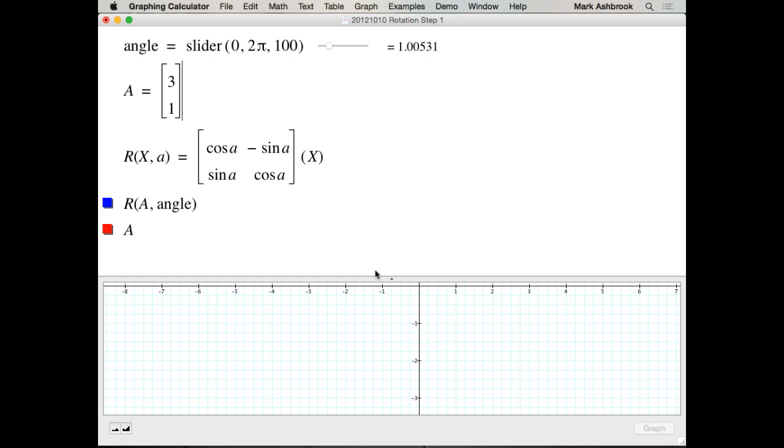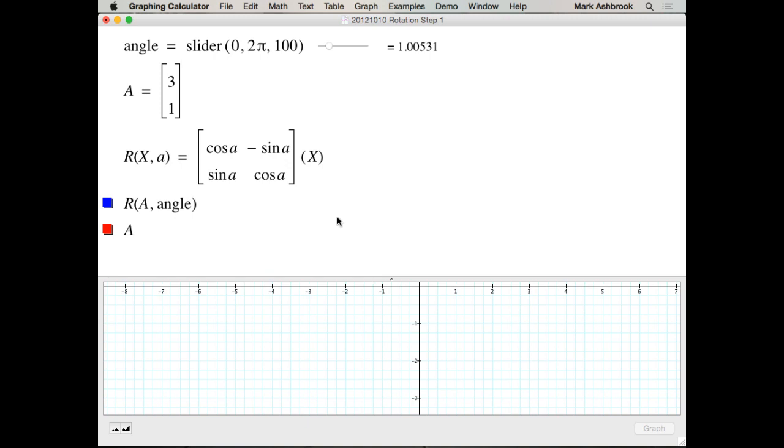So I just used x and little a. And I put the capital X first, okay? So if I put the capital X first, then when I use it, I've got to put the point first. And then I said little a was just the angle, and I put the rotation matrix into the rule for an angle A, and then I just called it R of the point and angle. So there's a different way to do it.